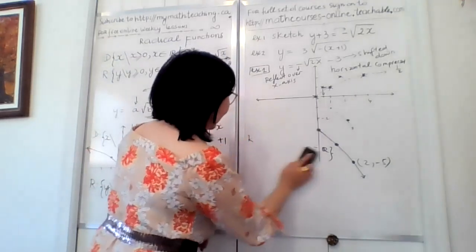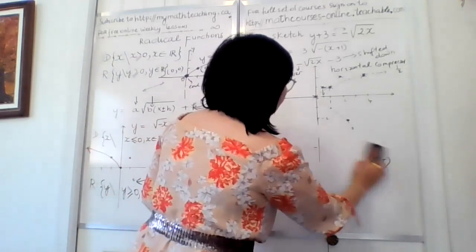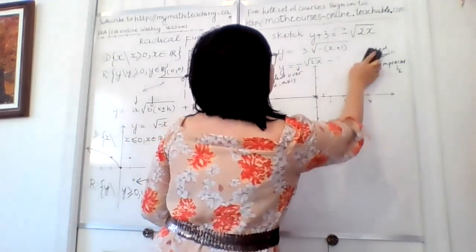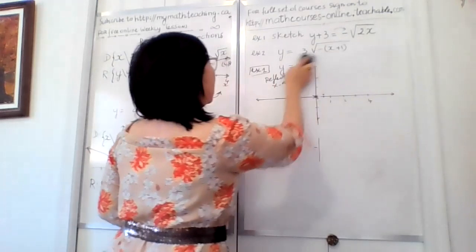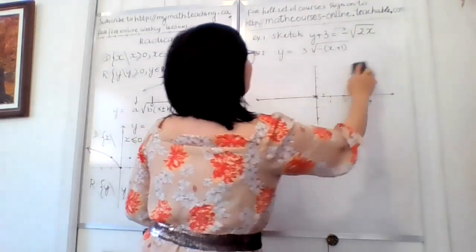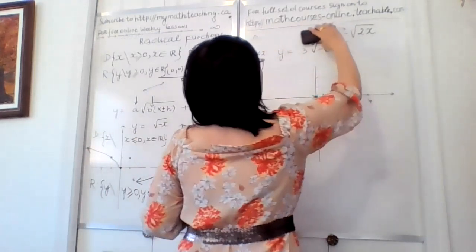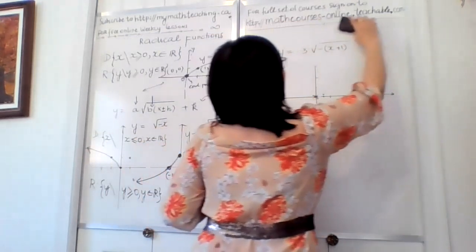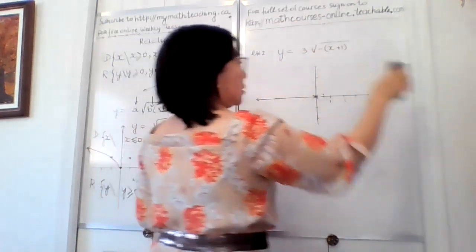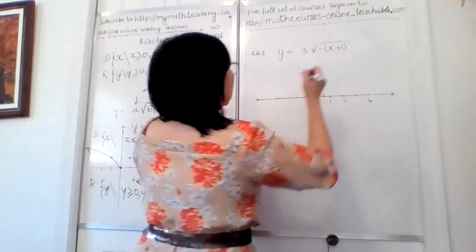So let me start fresh. We'll get rid of this. Now we're talking about example 2. So let's get rid of this, and we start with this fresh new function.